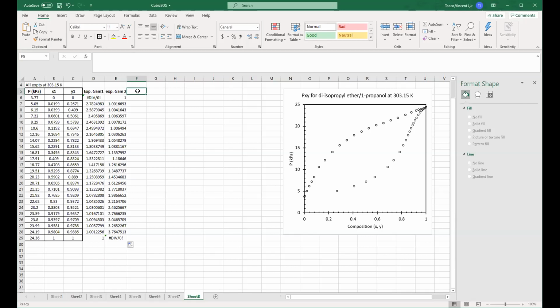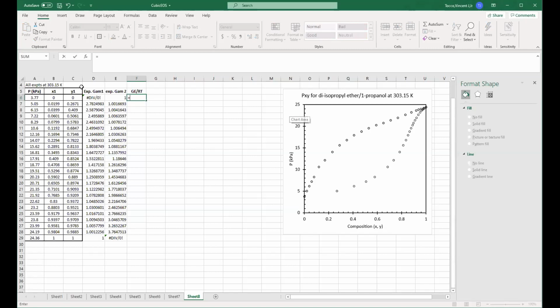Now I need a column for G, and I can't match the notation in the book, but this is going to be molar Gibbs energy excess divided by RT. And I'm going to calculate this one with an equation that I had in the last video, which is using the expression for a molar property as a weighted average of the partial molar properties.